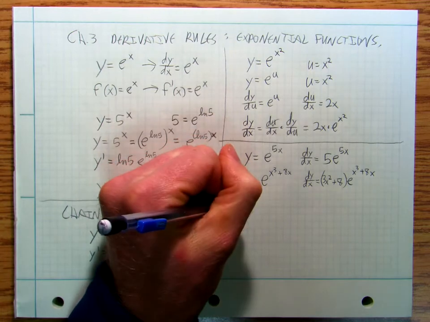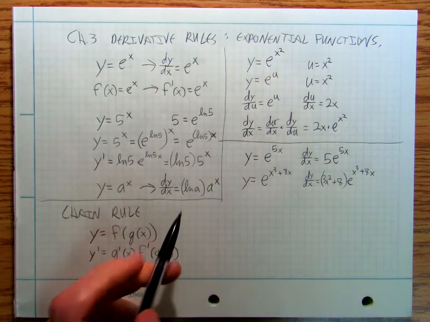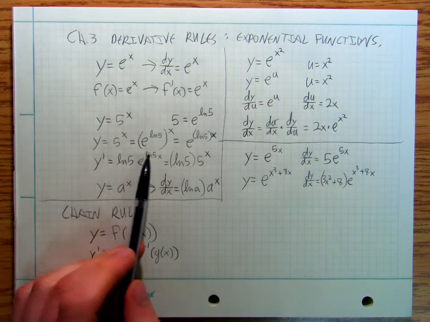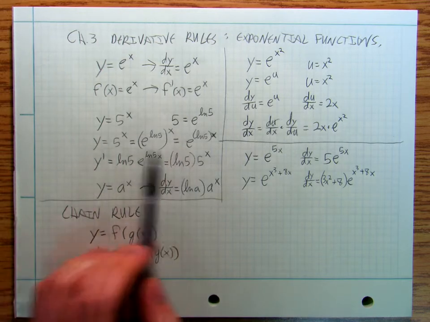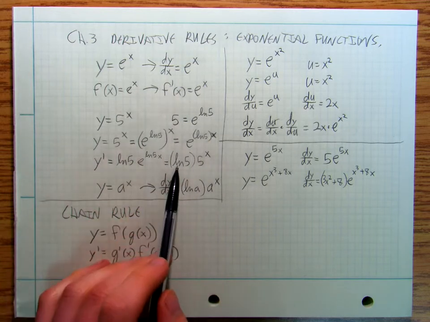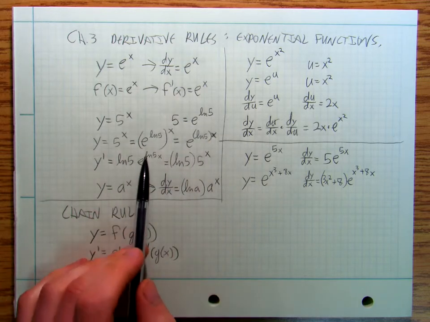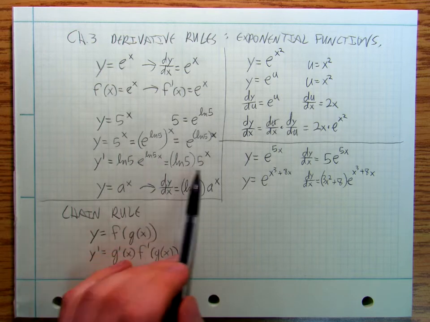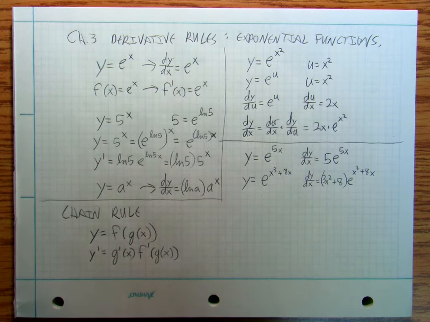And then we already had this one. Y equals e to the ln 5 times x is going to be ln 5 times e to the ln 5 times x, and I can rewrite that as 5 to the x. So that gives me my log rule there.